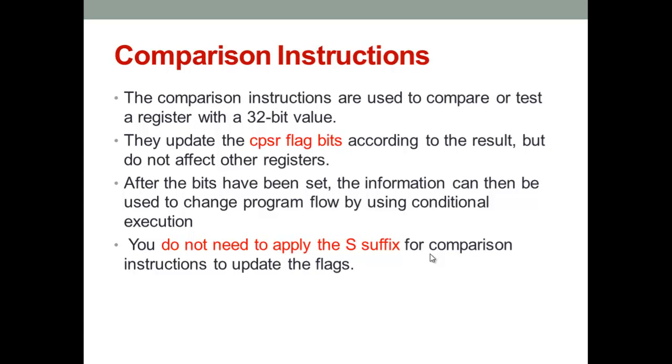So a comparison instruction is an instruction which is used to compare two values. It could be a register or an immediate 32-bit value as well. It updates the CPSR flag bits according to the result, but it does not affect the register. Previously I was telling you, if I have an S as a suffix, it would update my CPSR value.